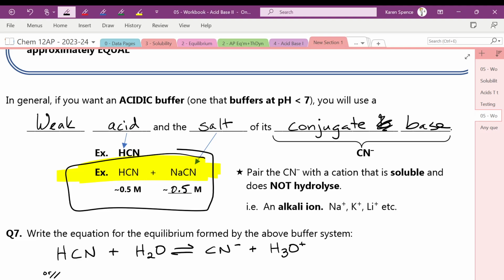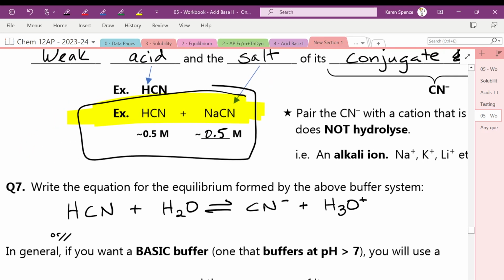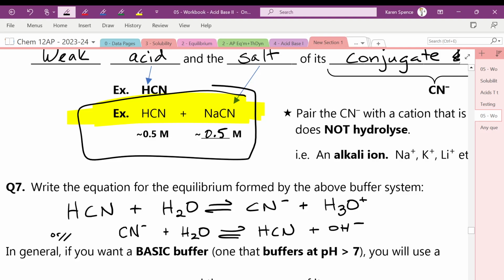Is there another way we could write a buffer system that contains HCN and CN minus? With OH, so CN minus plus H2O in equilibrium with HCN plus OH minus. But because we're always working in pH, it's usually easier to use the hydrogen form.